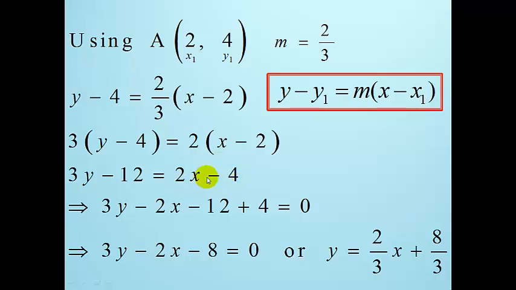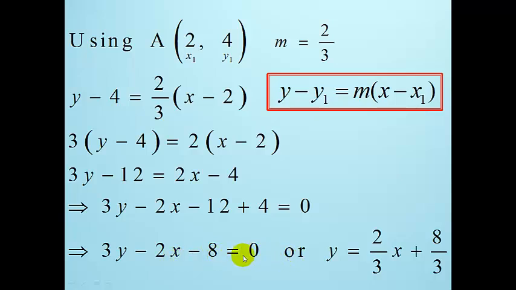Now moving all the terms to the left hand side. 2x on the right hand side becomes minus 2x on the left hand side. And minus 4 on the right hand side becomes plus 4 on the left hand side. All is equal to 0. So we have 3y minus 2x minus 12 plus 4 equals minus 8. And so the equation becomes 3y minus 2x minus 8 is equal to 0.